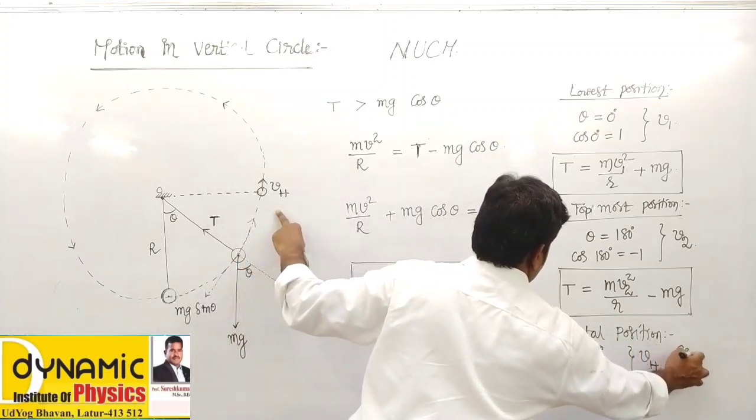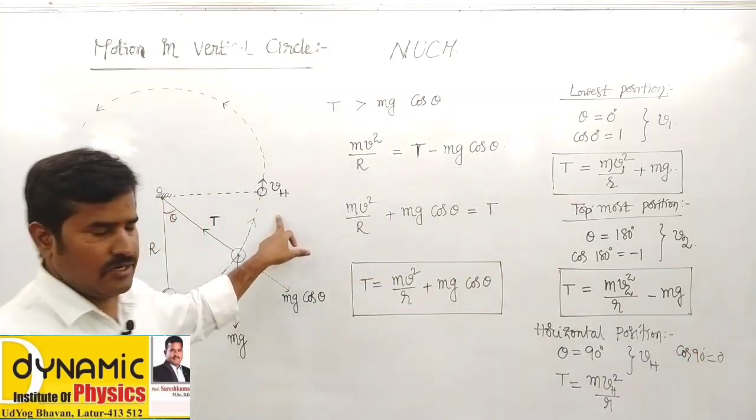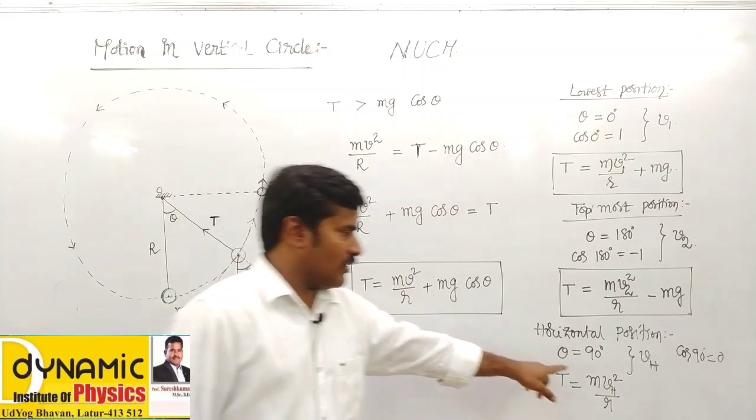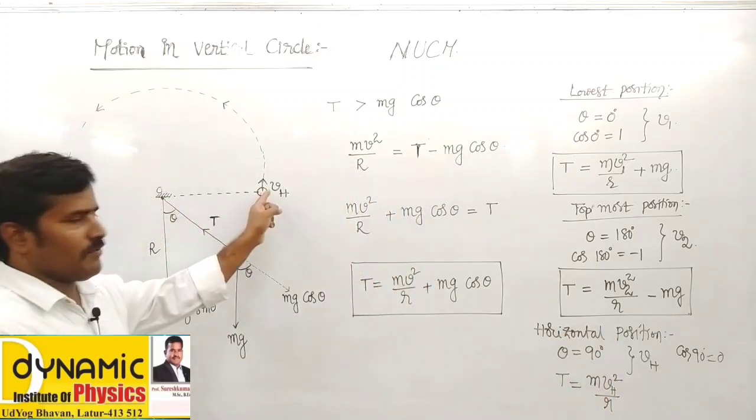So T equals mvh square upon r, the tension at the horizontal position.